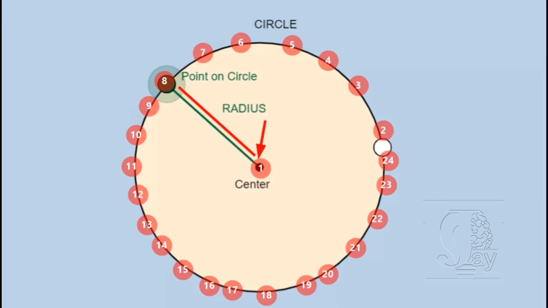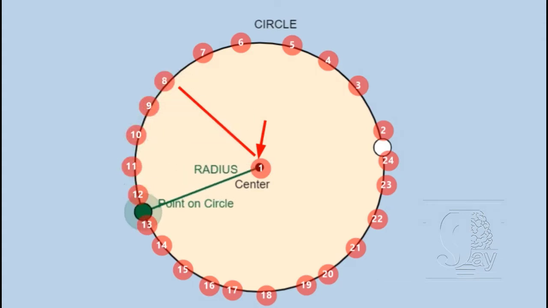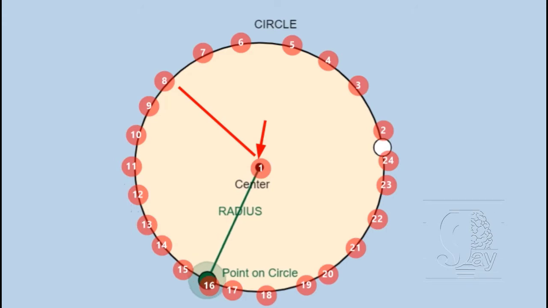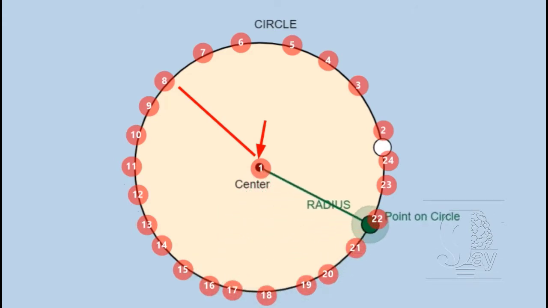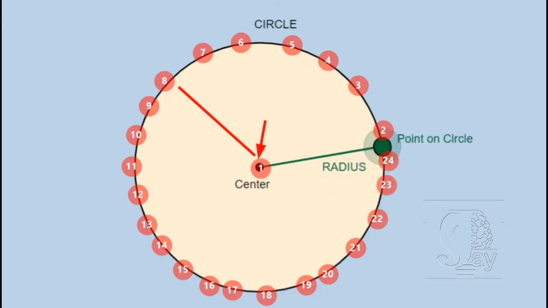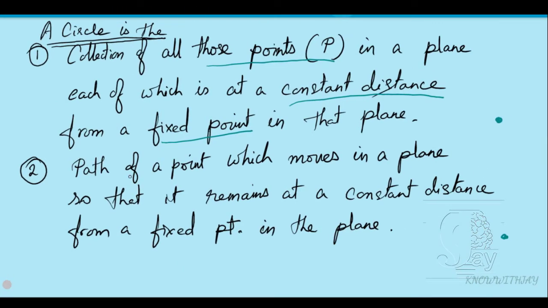Okay, so we can see that all these points maintain a fixed distance from the fixed point, point number 1, and thus form a collection of points. So collection of all those points on a plane, each of which is at a fixed distance from the center, forms a circle.